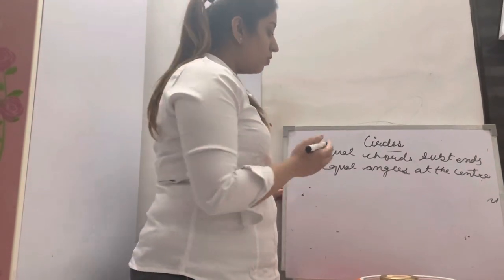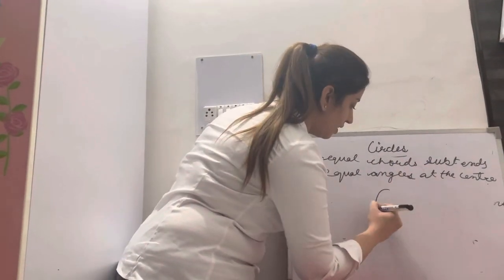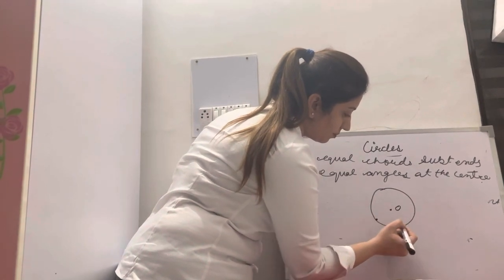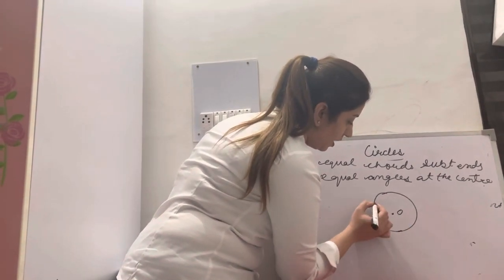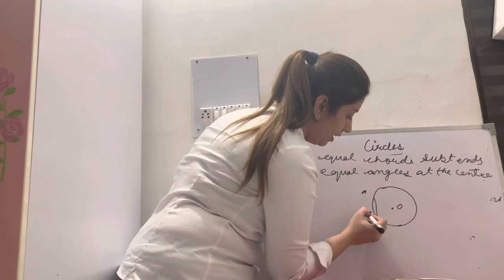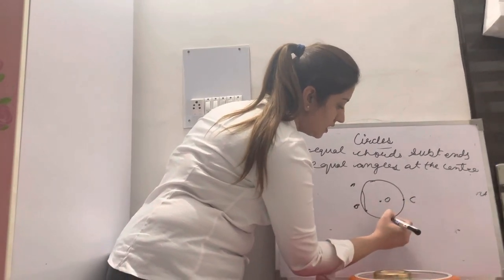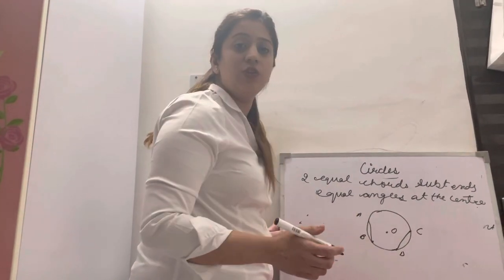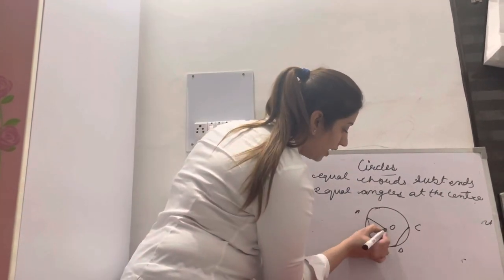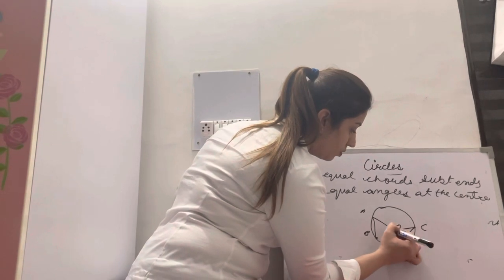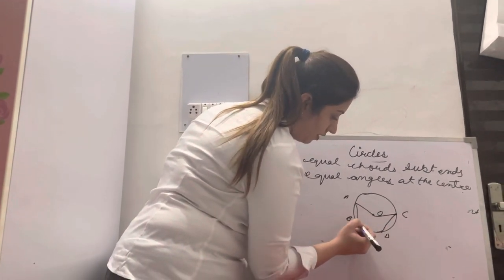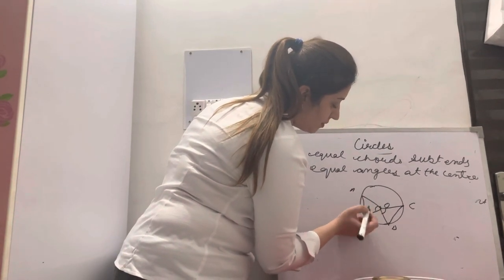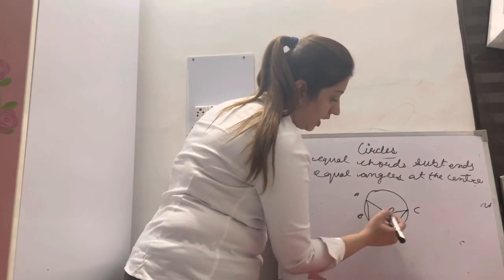So how can we prove this? If I have a circle with center O, and a chord AB and a chord CD, let us assume AB and CD are the two equal chords. If I join AO and OC, and if I join OB and OD, these are the angles which have been subtended by the chords AB and CD.